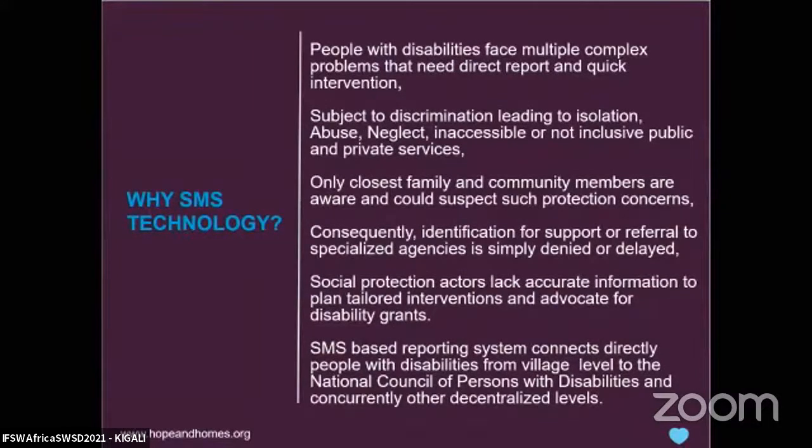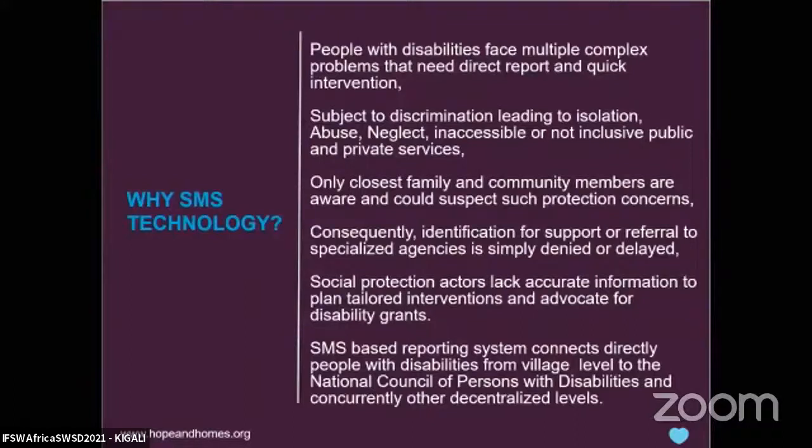Yeah, so people with disability face multiple complex problems that need direct report and quick intervention. That is a reality. They are subject to discrimination, as my previous presenters also specified, leading to isolation, abuse, neglect, and inaccessible or not inclusive public and private services. Only closest family and community members are aware and could suspect some protection concerns.